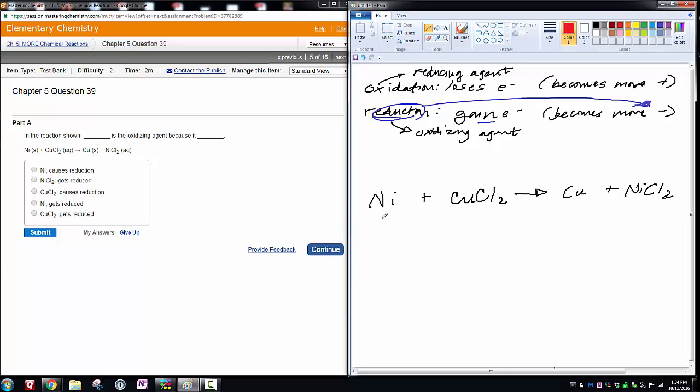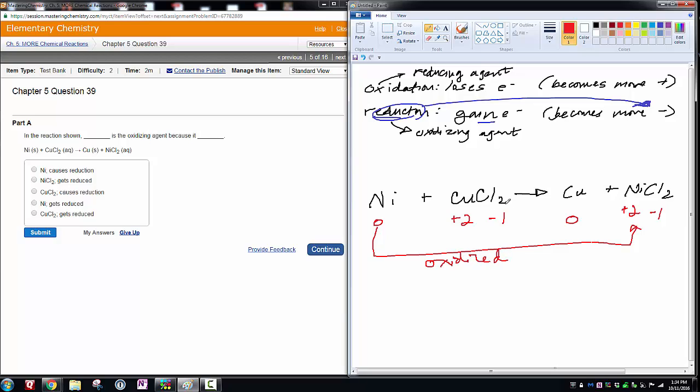And assign oxidation numbers: nickel is 0, copper is +2 because chlorine's -1 and there are 2 of them, so therefore we deduce this. And same story, we know that there are 2 chlorides each at -1, therefore that nickel must be +2. So we see nickel went from 0 to +2, became more positive, that must have been oxidized.